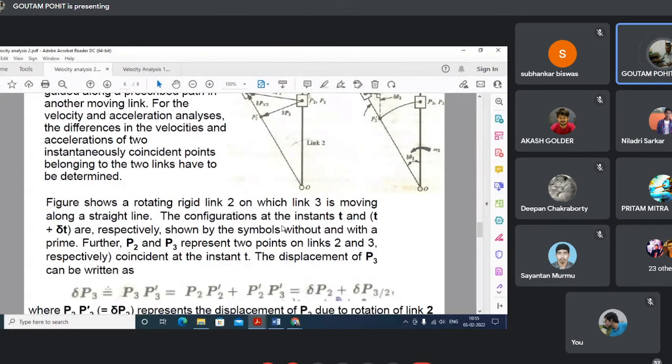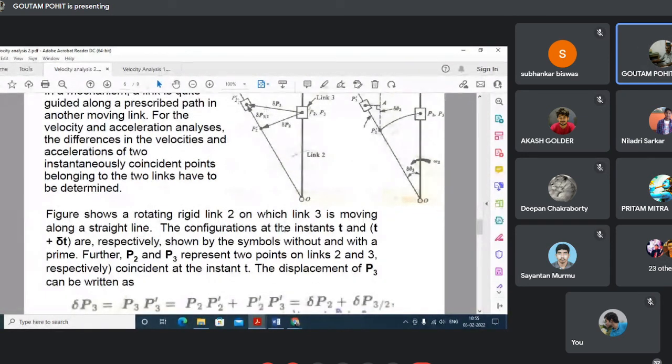So del P3, this distance P3 prime, will be equal to del P2 plus delta P3 with respect to 2. That means there is a movement in this direction, and at the same time a movement in this direction. That gives this delta P3.